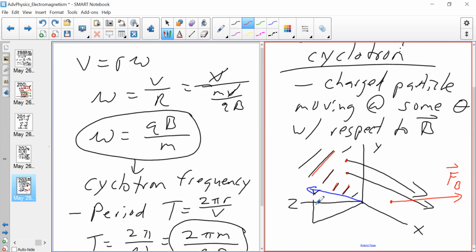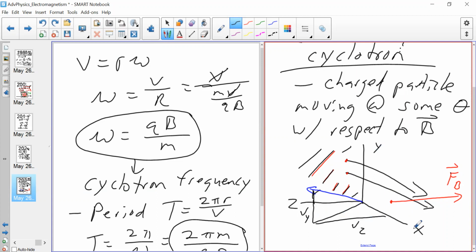It's going to change the direction of the y-axis and z-axis components. It's going to change the magnitude of both the y velocity and the z velocity. This one's going to get shorter. This is going to just change direction. So there is a change only along the y and z axes.